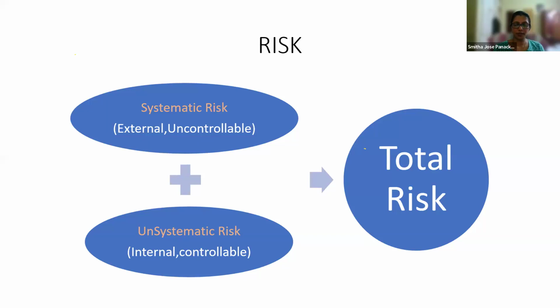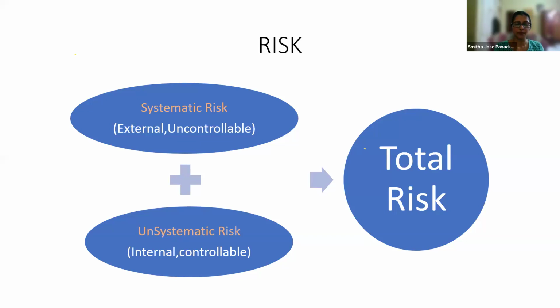You might have heard about creating portfolios, right? Why do we create a portfolio? Instead of investing in a single share, you can divide your savings and put them into different shares. That is what a portfolio is. Why are you doing like that?